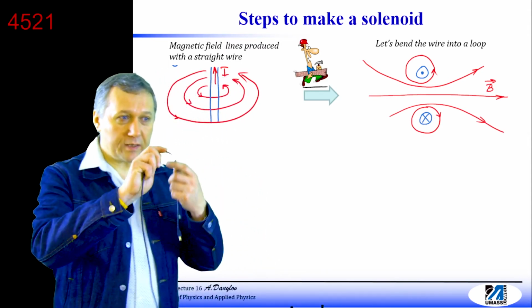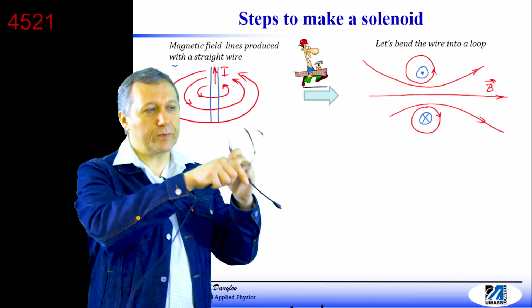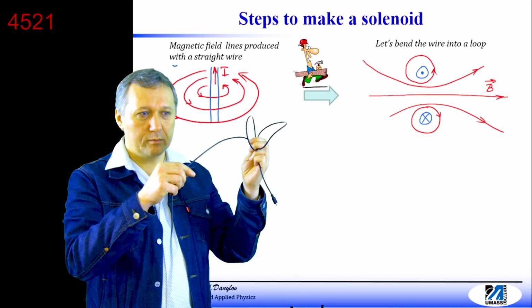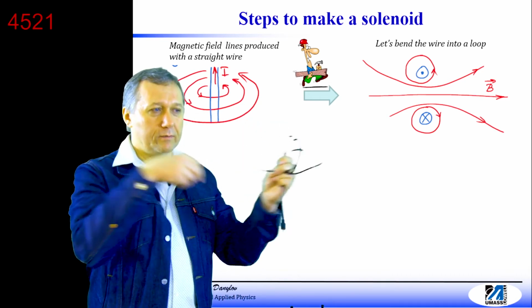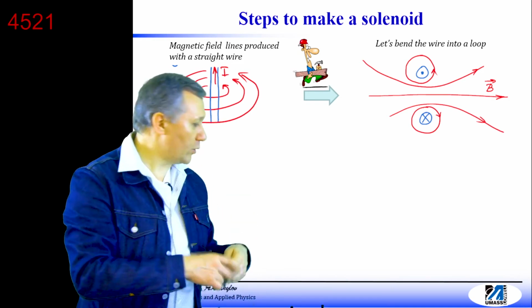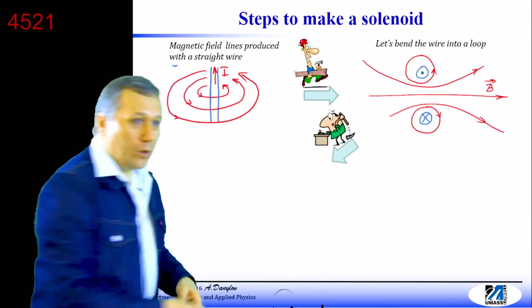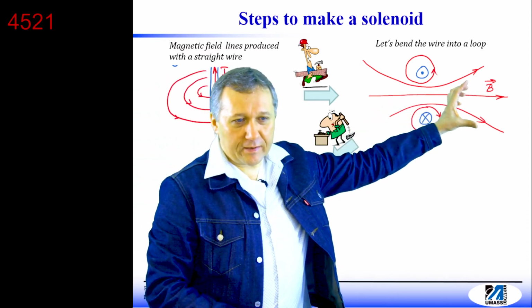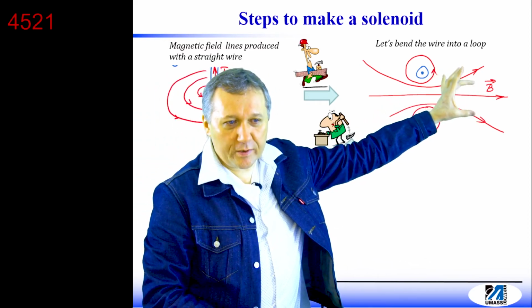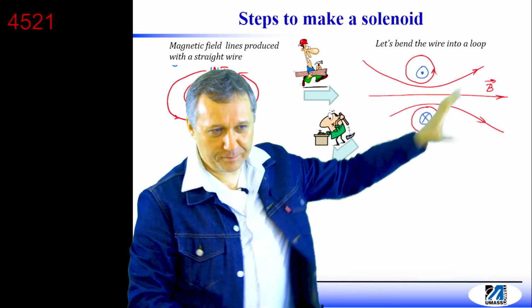Okay, now next step. What if I create a second loop? First I created the first loop. Now what if I create the second loop, and then the third one, and the fourth one, and so on? If I keep adding those loops, what am I going to get at the end? All these magnetic field lines are going to be squeezed inside between these loops.